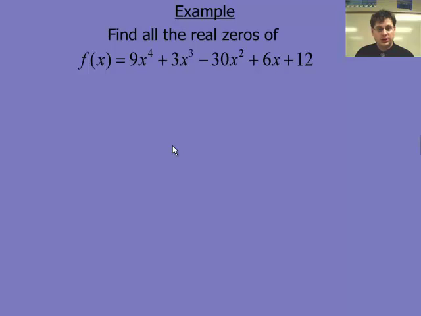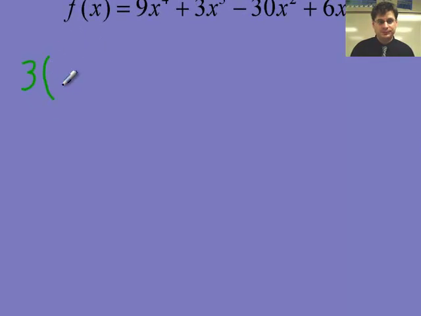Let's get started. The first thing I want to do is simplify our problem by checking for any GCF. And indeed there is a GCF of 3, so I can factor a 3 out of everything here.